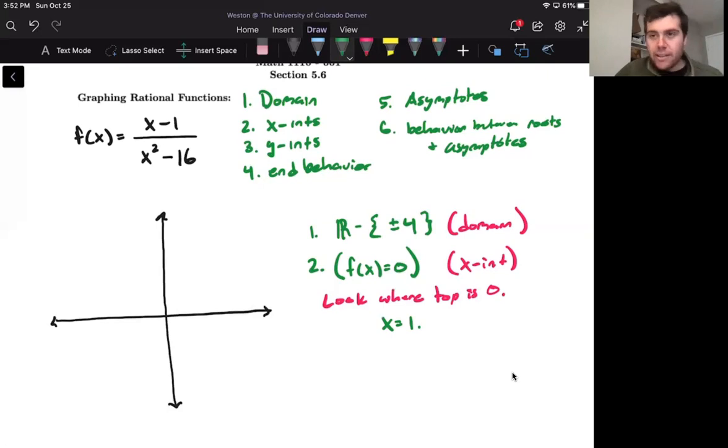All right, so now we'll put these three things on. First, we have our root at 1, and then we have our asymptote. We have our domain where we can't have plus or minus 4. And so what we actually do is mark 4 and we draw a vertical dotted line through it. Do the same thing at -4.